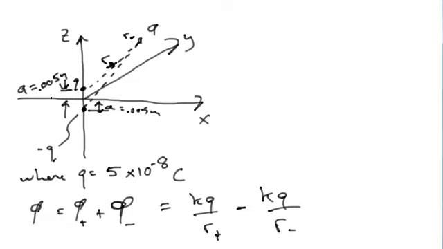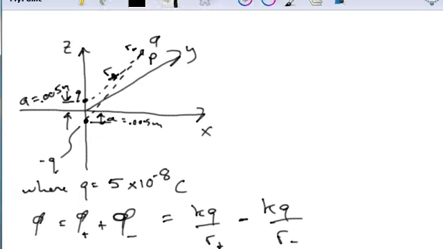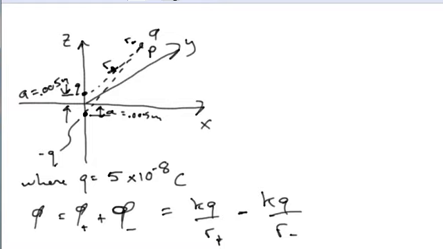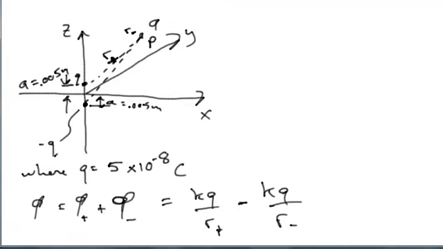R plus, to get to the point P where I'm calculating what phi is, there's point P at X, Y, Z. I don't have to go up as high as Z, I gotta go up Z minus A, and other than that, I gotta go all the way over X and all the way back Y. So let's put it up here.